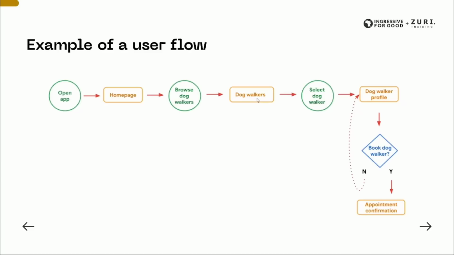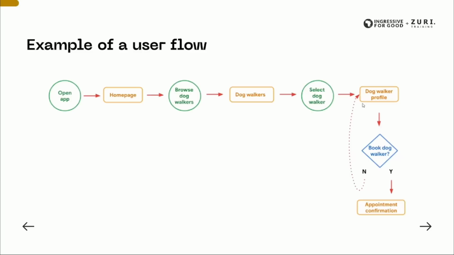This is a screen that represents a list of available dog walkers, so it is represented by another rectangle. After that, the user flow moves on to the user selecting a dog walker. Once a dog walker is selected, the user flow lands on the rectangle for the dog walker profile.